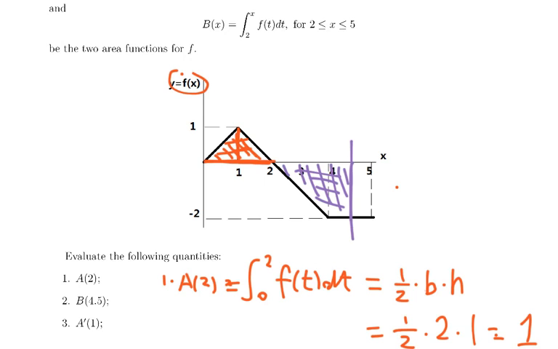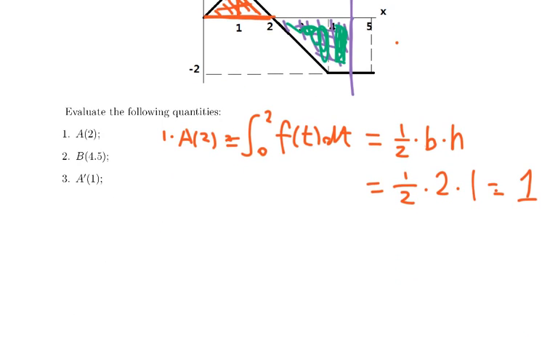That is this purple region. So basically we can see it is the area of a triangle, which is here, plus the area of a rectangle, which is here. Okay, and also because both of the two regions are below the x-axis, we're going to have negative area.